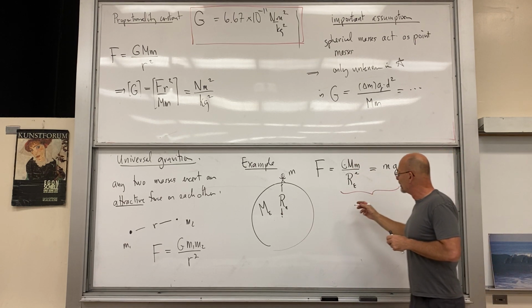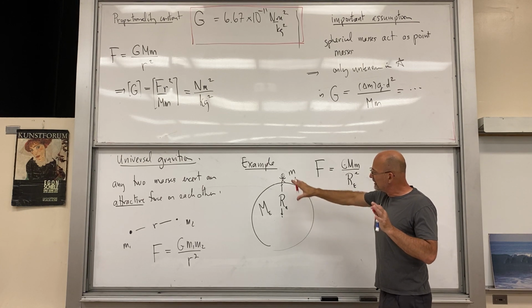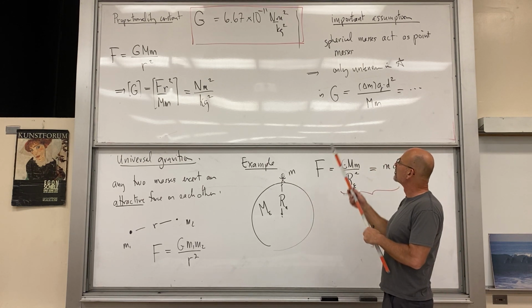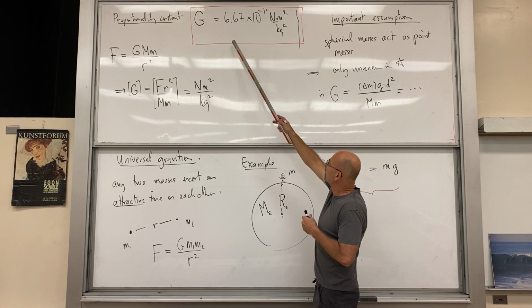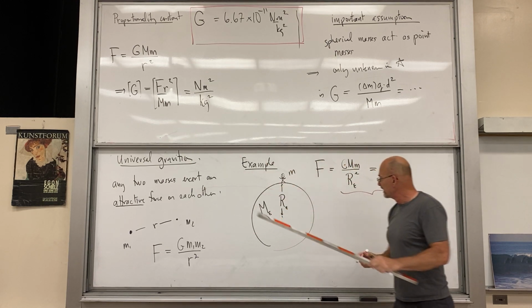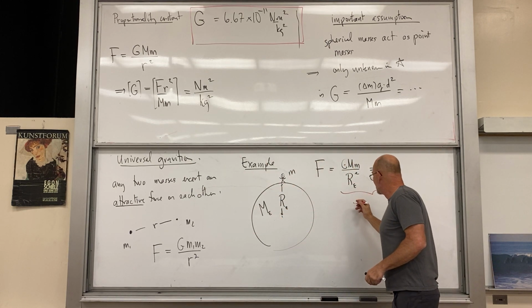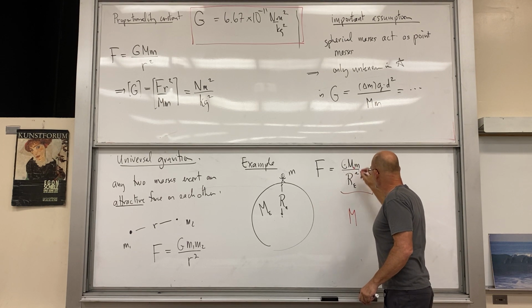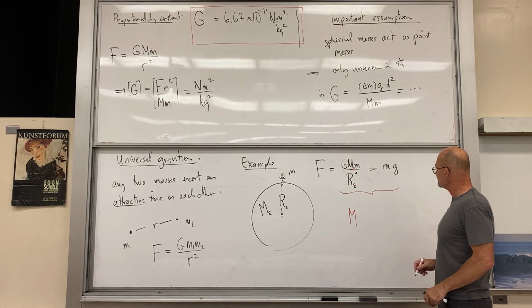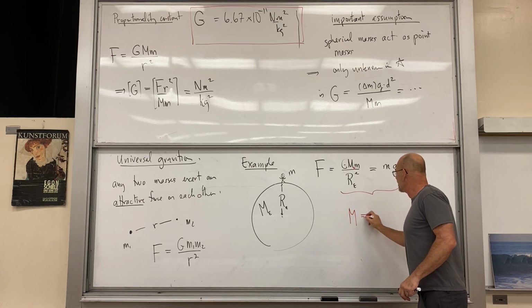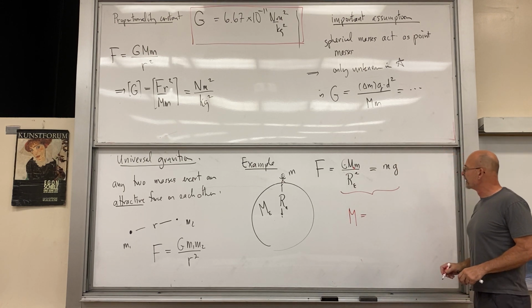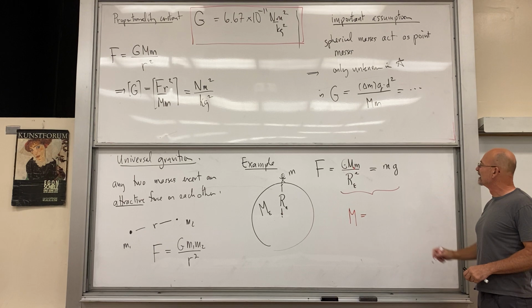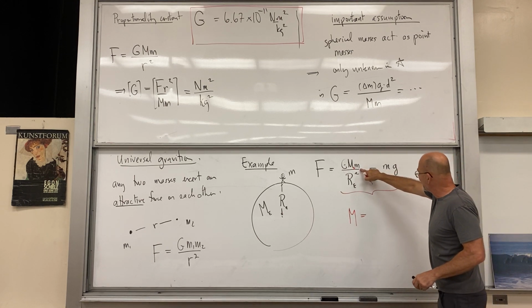Okay. So just based on this discovery, Newton's law of gravity, and then Cavendish figured out what capital G is, we now have the mass of the Earth, I'll put E there, is equal to, notice lowercase m cancels.